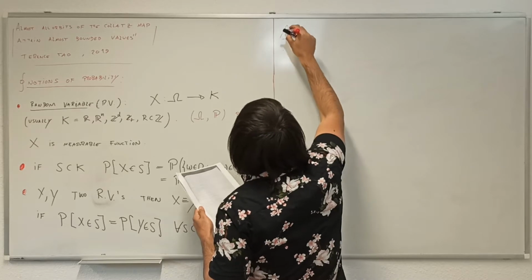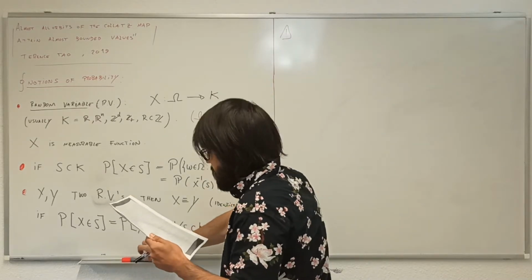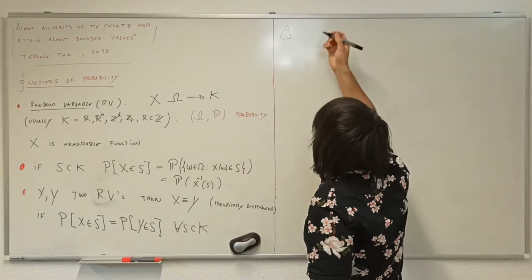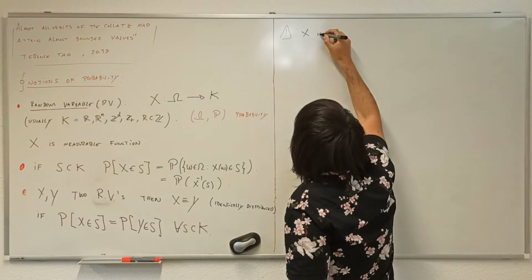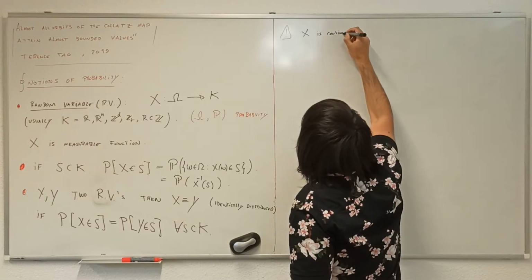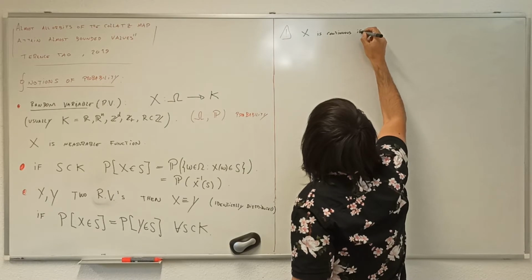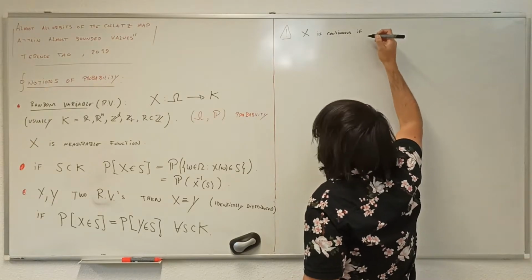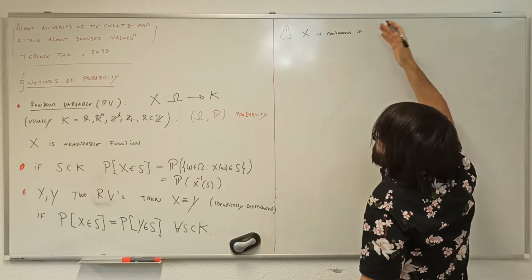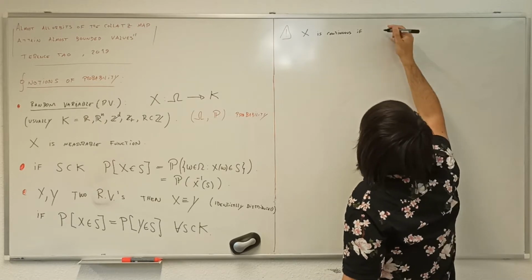So as a remark, usually we say that X is continuous if its range is the real line, let's say.